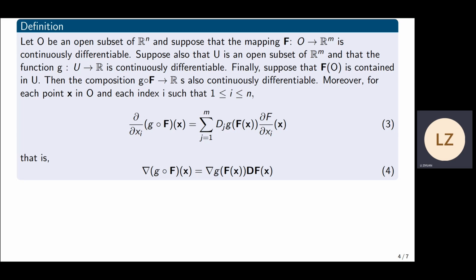So that is the gradient of g∘f at x equals the gradient of g at f(x) times the derivative of f at x. We can see that equation 4 is the matrix form of equation 3.